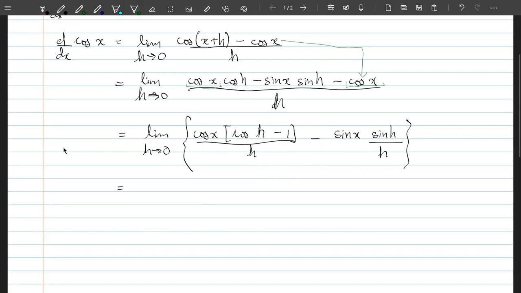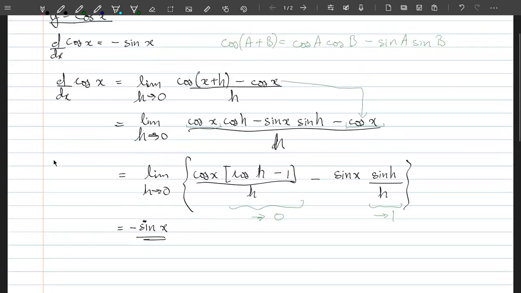So we know that this as a limit approaches 0. This is something we have done before. And this limit approaches 1 as h approaches 0. So the first term here is cos x multiplied by 0. So that's gone. And you have minus sin x multiplied by 1. And therefore you have only minus sin x. So that's why derivative of cos x is minus sin x. From first principles, we can prove it this way.